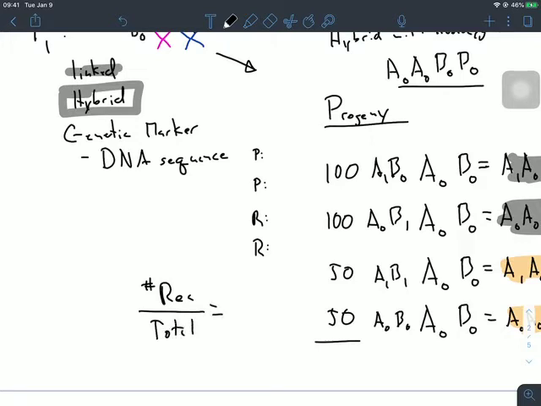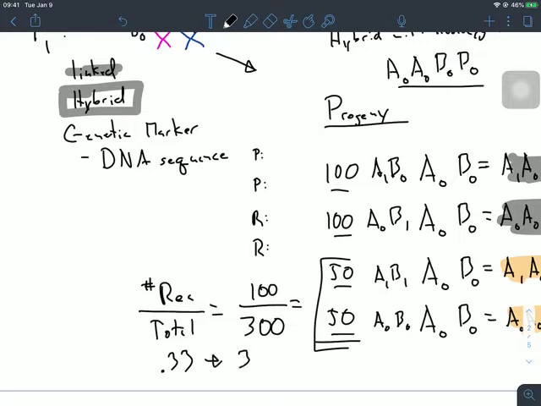So, what is the total? Well, 100 plus 100 plus 50 plus 50 is 300 individuals. What is the total number of recombinants that I have? 50 plus 50 is 100, meaning that we have a recombination distance of 0.33. Converting that into centimorgans means it's 33.33 continuing centimorgans.